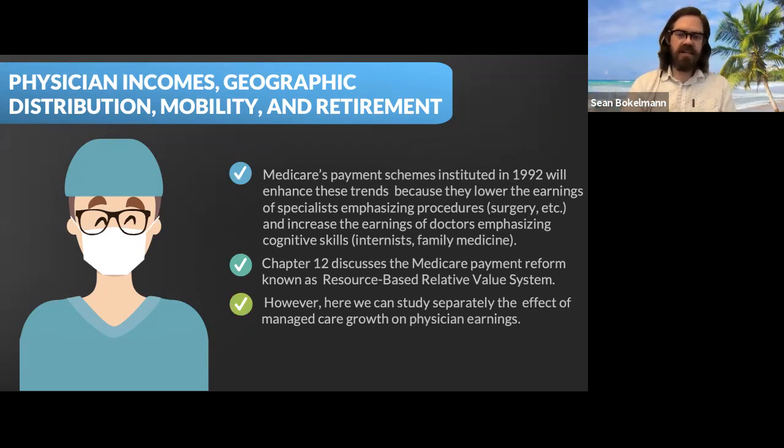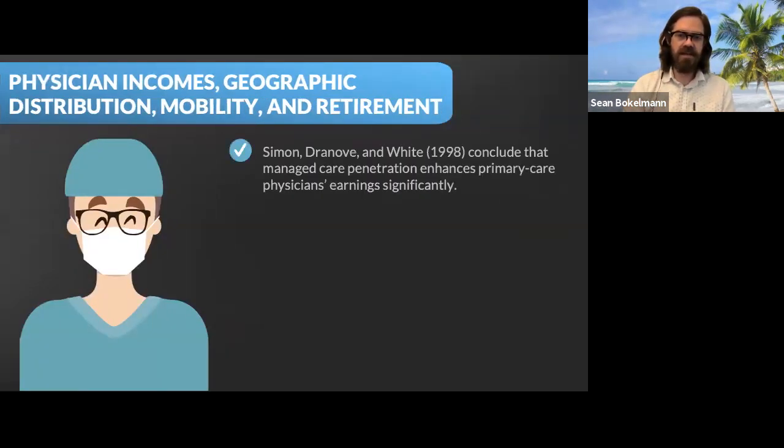But here we can study separately the effect of managed care growth on physician earnings. So Simon, Dranove, and White looked at this issue, and what they concluded was that managed care penetration enhances primary care physicians' earnings significantly. So again, primary care physicians are now making more relative to specialists than they did previously.